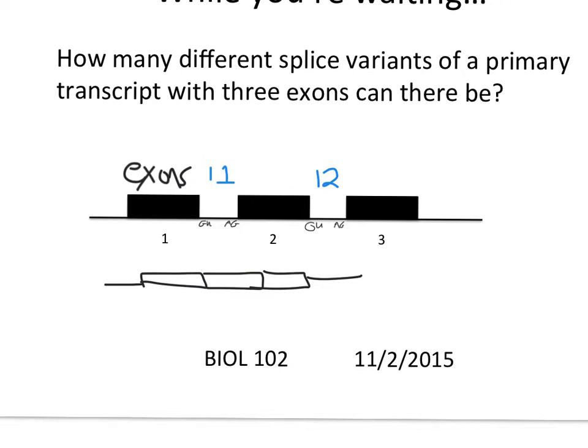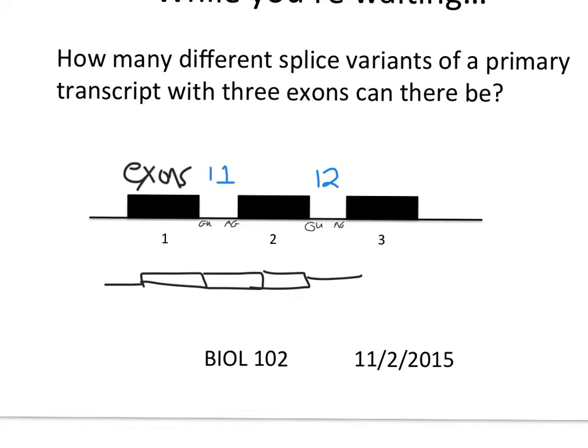Okay. What else could happen? It's not just what else could happen, what else will happen in the cell. So splicing does not always happen the same way for every transcript. So let's say you have another copy of this messenger RNA, the primary transcript from this gene, a second molecule of it. How could it be spliced? Just 1 and 2.